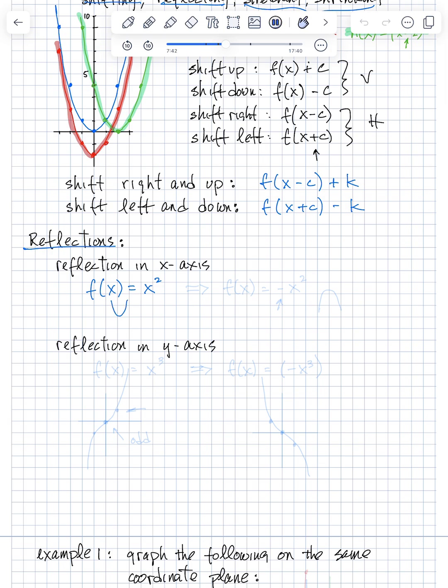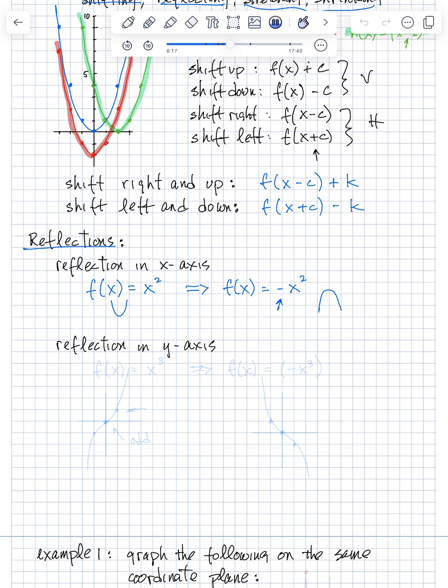If we wanted a reflection in the x-axis, what we would do is make f of x equal to negative x squared. And this gives an upside down parabola opening down. This is a reflection in the x-axis. You put a negative sign before your function.